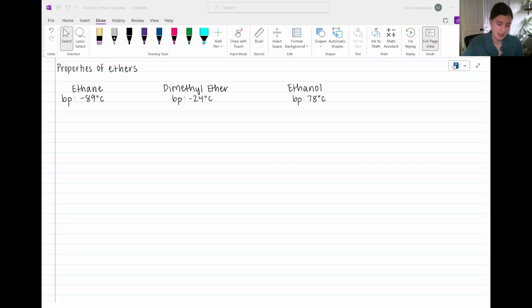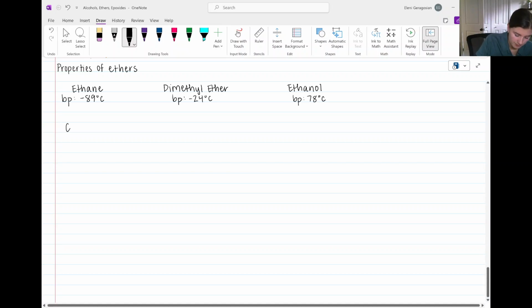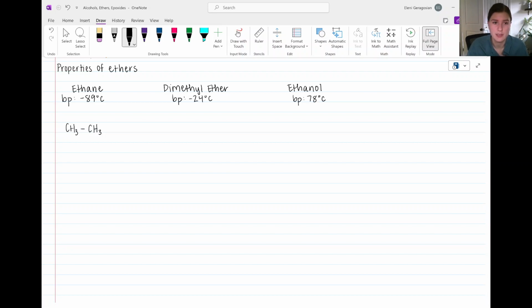Let's draw these three molecules, and then we'll think about intermolecular forces and be able to explain these differences in boiling points. So ethane, a pretty simple molecule here: 2 carbon atoms, single bond between the carbons.